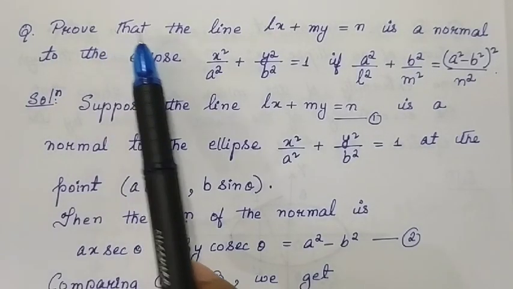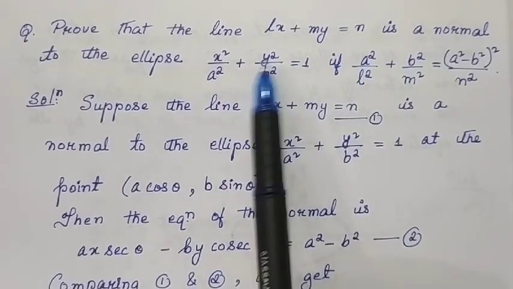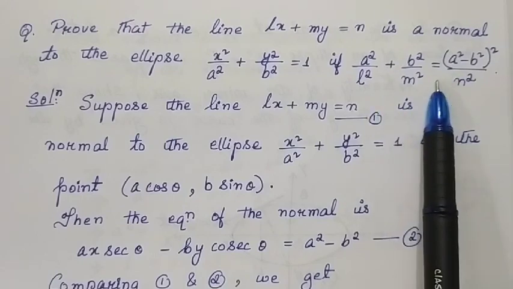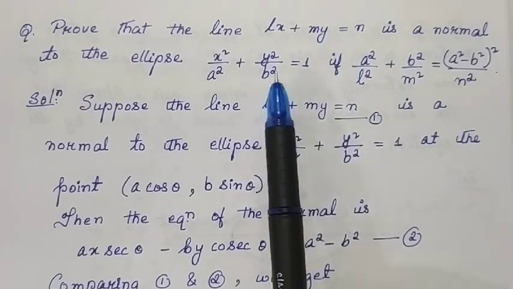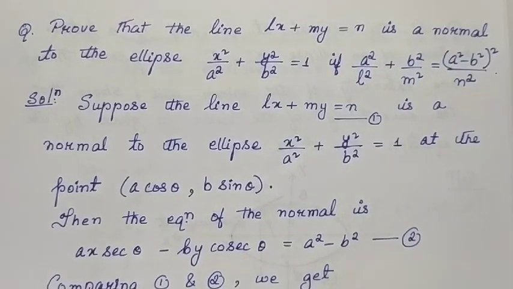Next question: prove that the line Lx plus my equal to n is a normal to this ellipse if, again, we have to prove one condition. The line is given and the ellipse is given, but now we have a normal.